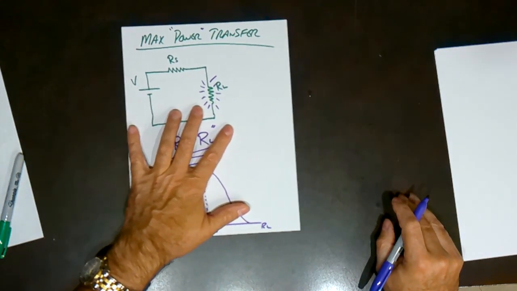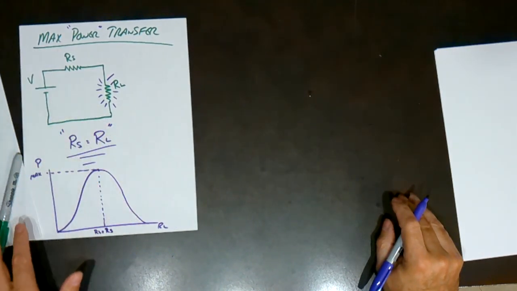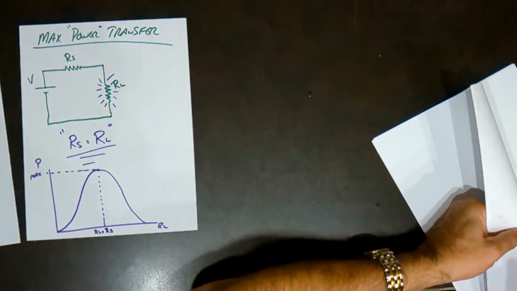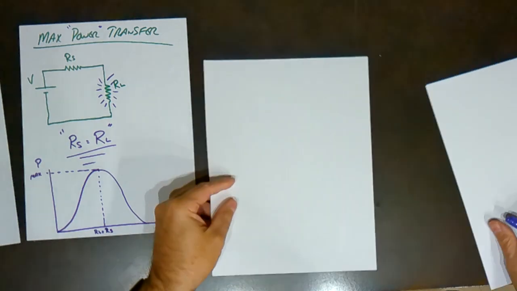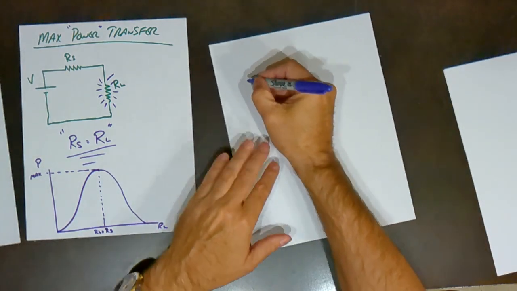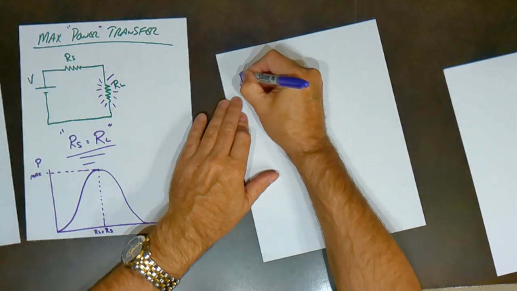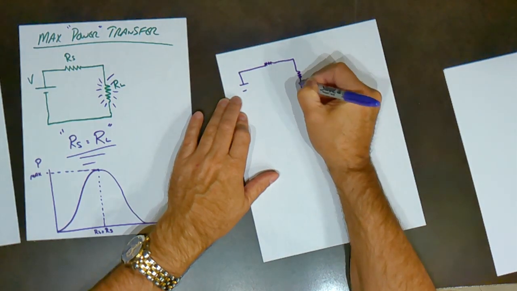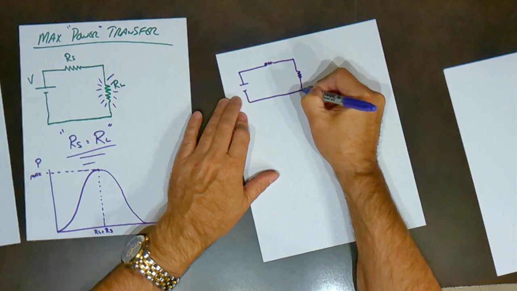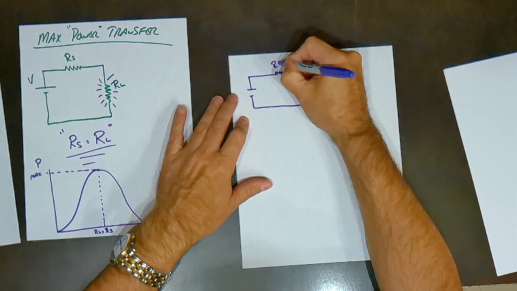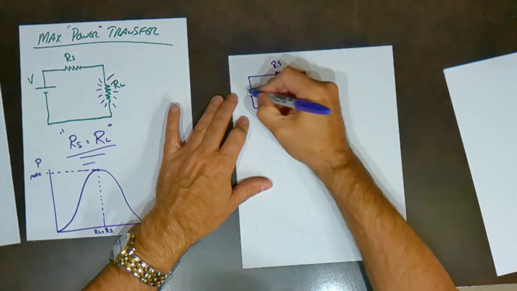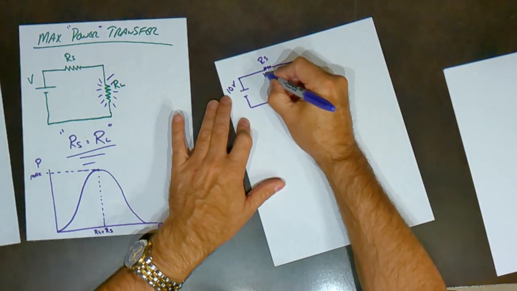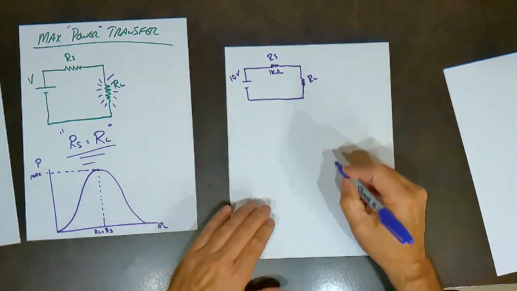Now, if we were asked to prove maximum power transfer, this is how we would do it. So let's say we were given a circuit like this, and we had RS and RL and 10 volts, and we'll say RS is 1 kilo ohm.